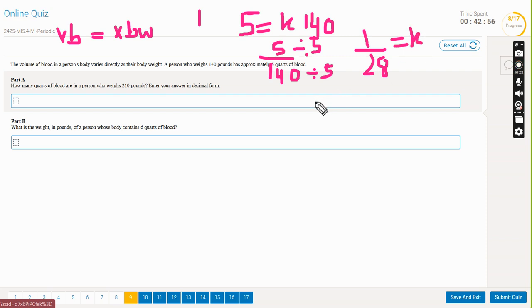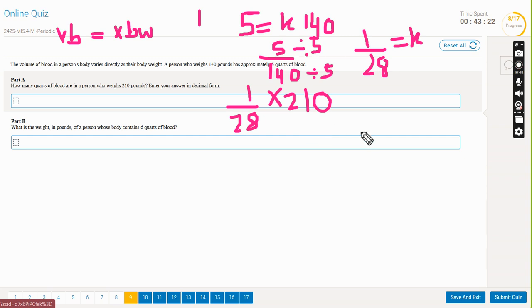Now, when you have found the k, you can plug into the equation VB equals k times BW. So what have they given us here? The pounds, the body weight, right? So 1 over 28 times 210, again, we can solve this.